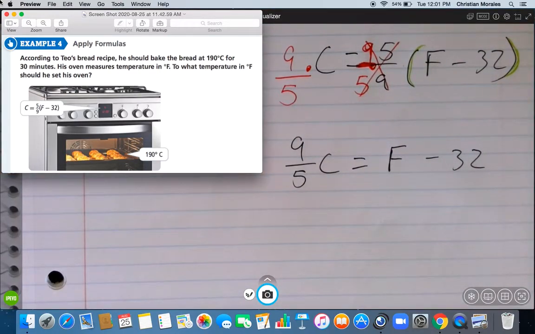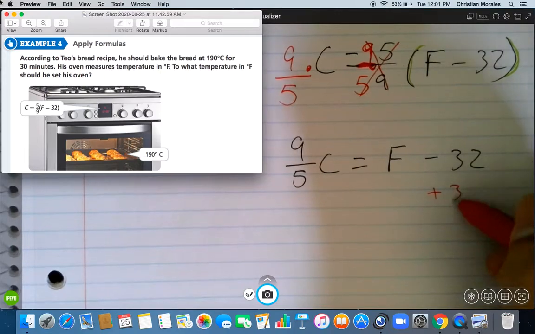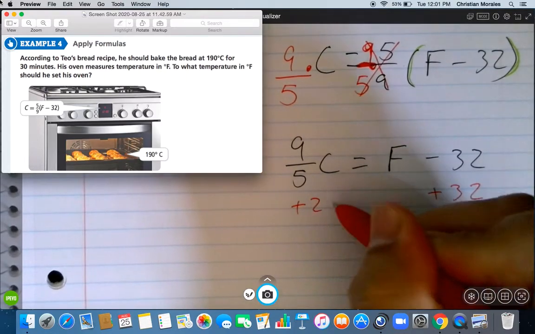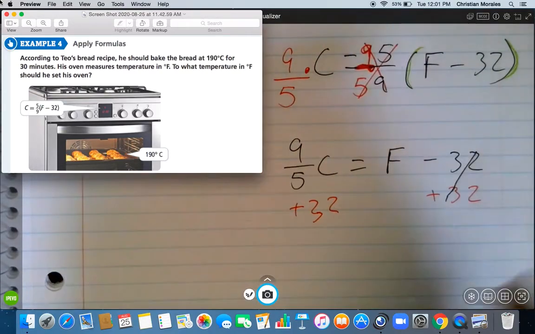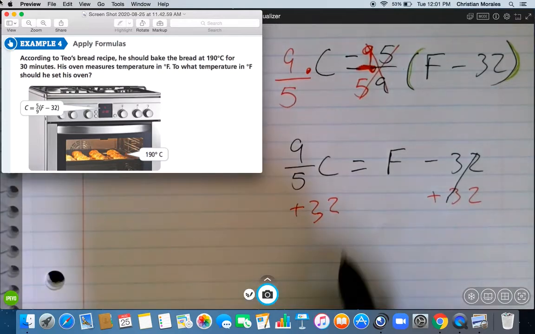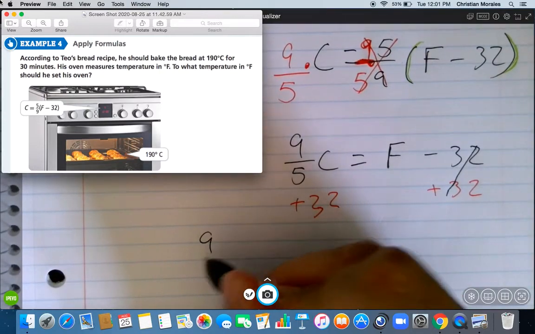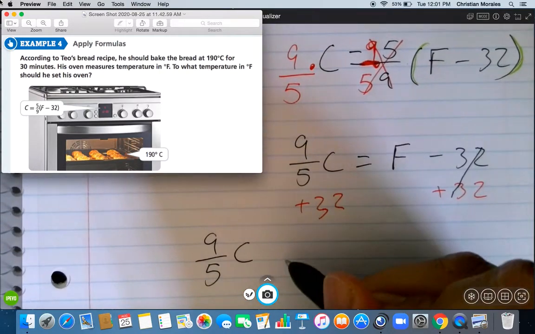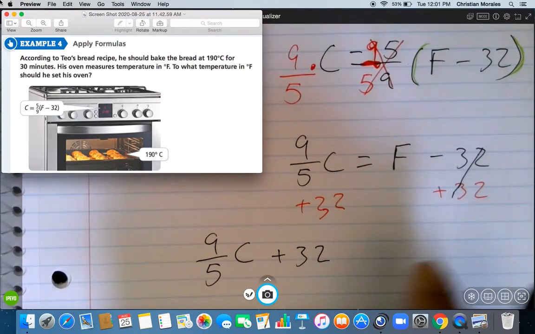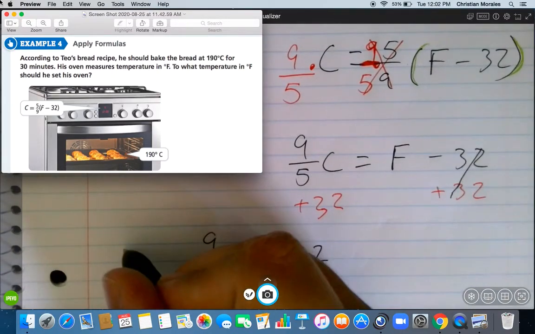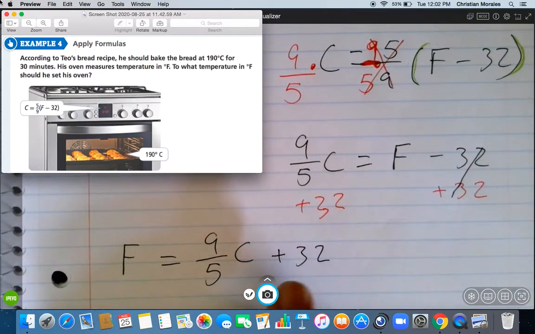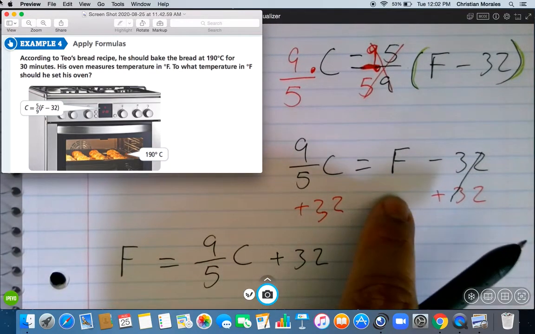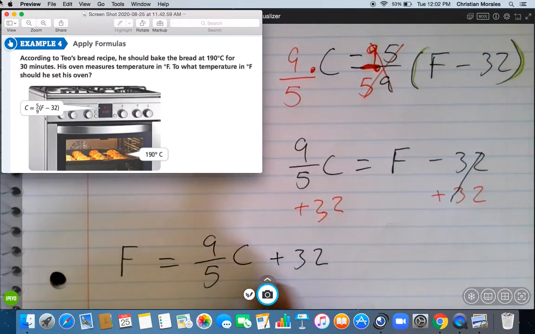Now that the parentheses are gone, the opposite of subtracting 32 is adding 32 to both sides. 32's cancel out. Okay, here's what my formula would be. 9/5C plus 32. Now I can keep the F over here. I'm just going to write it on this side. It doesn't actually matter where you put it. The formula is equal to, for Fahrenheit, 9/5C plus 32.